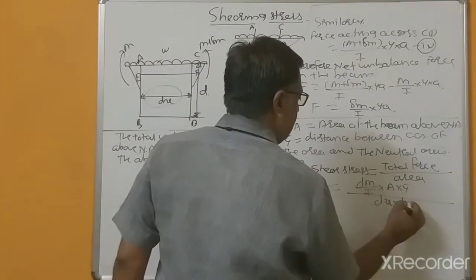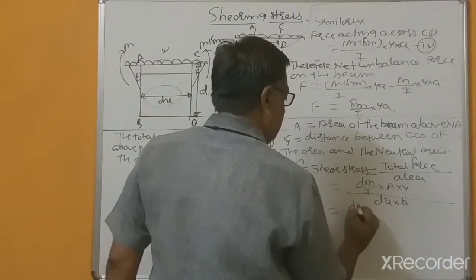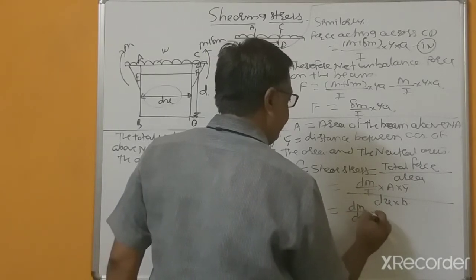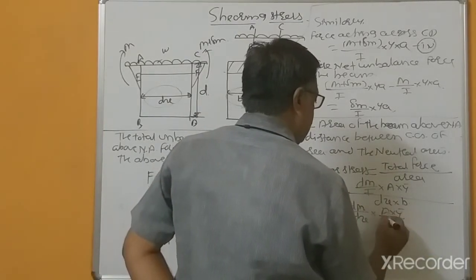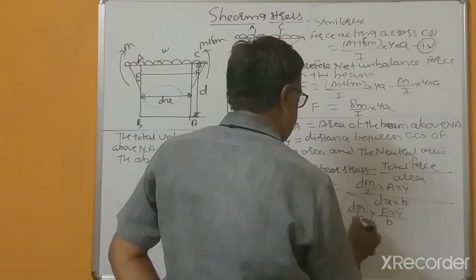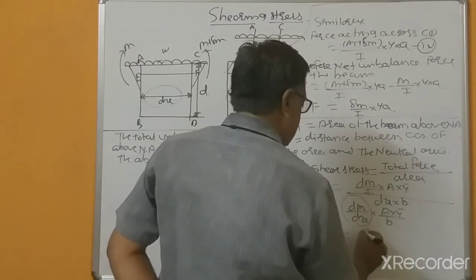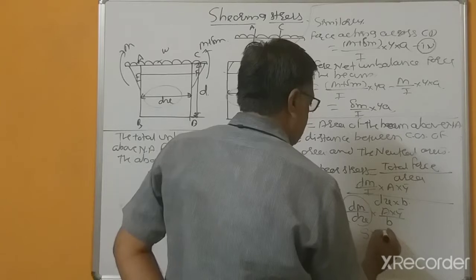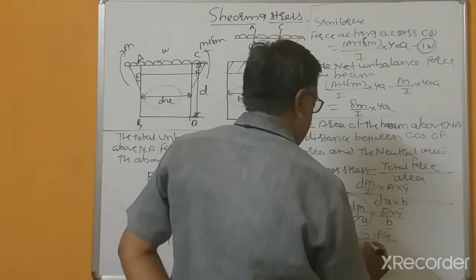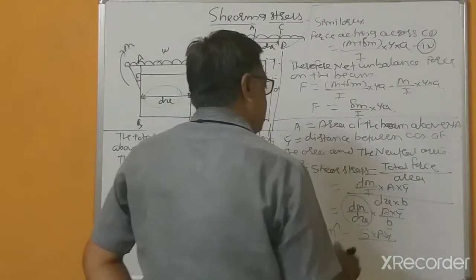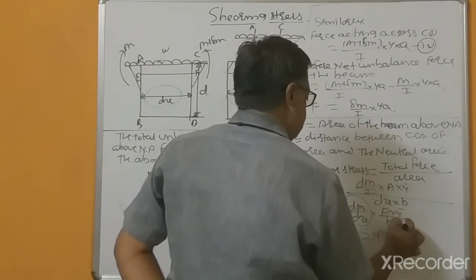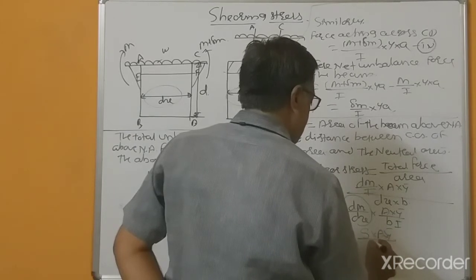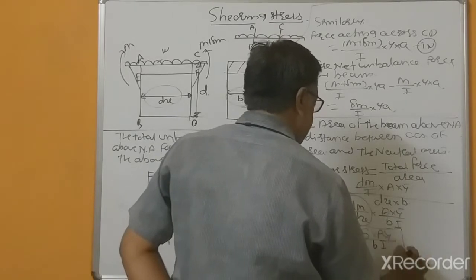So this is dM divided by dx multiplied by A into Y bar divided by, and this is nothing but S A Y bar divided by b I. So this is an important relation.